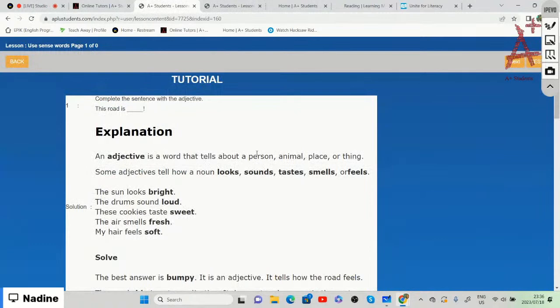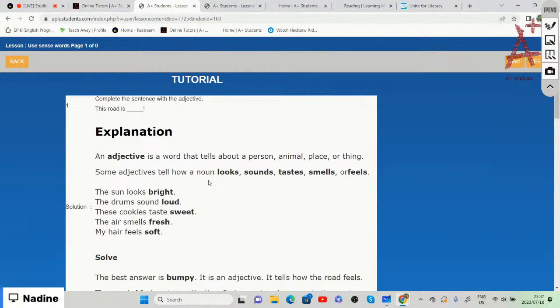All right, so now we need to use sense words, right? That's where we're using our senses, right? So an adjective is a word that tells about a person, an animal, a place, or a thing, right? And some adjectives, they tell us how a noun looks, they tell us how a noun sounds, they tell us how a noun tastes, they tell us how a noun smells or how a noun feels, right?